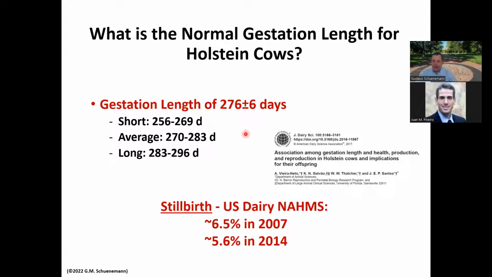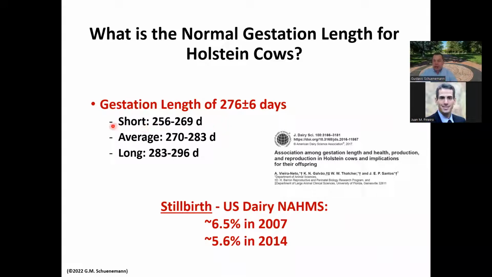In reality, when we go to the farm and start looking, the cows are about 276 plus or minus 6 days. This is what we observe in the phenotype of the cows, and this variation is what we consider normal gestation length.